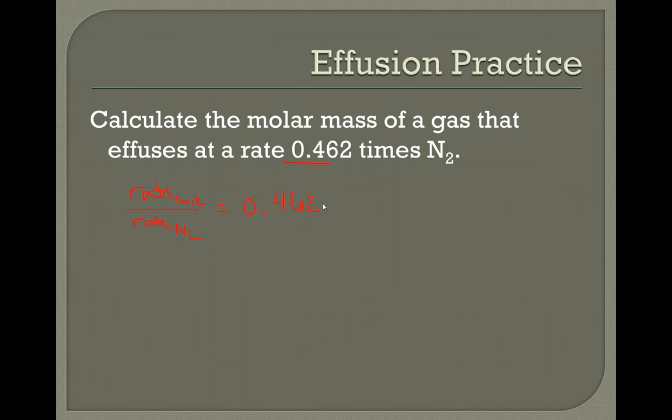So we can then take this information and say 0.462 is equal to the square root. Now notice that nitrogen's on the bottom here, so we're going to put it on the top of the next one: 28.02 over the square root of whatever compound this is. So first thing I'm going to do is multiply and get that square root of x on top.